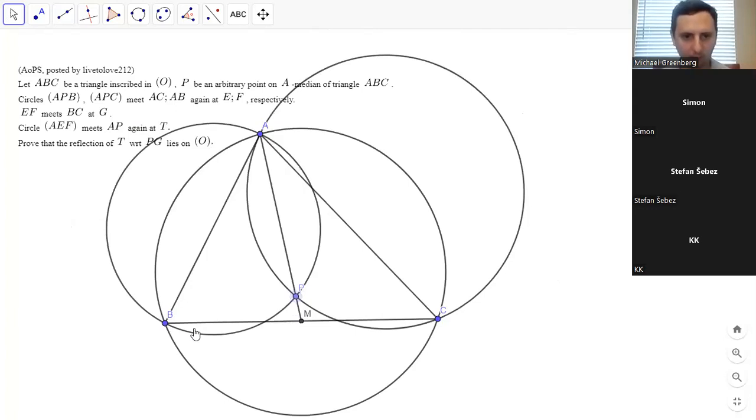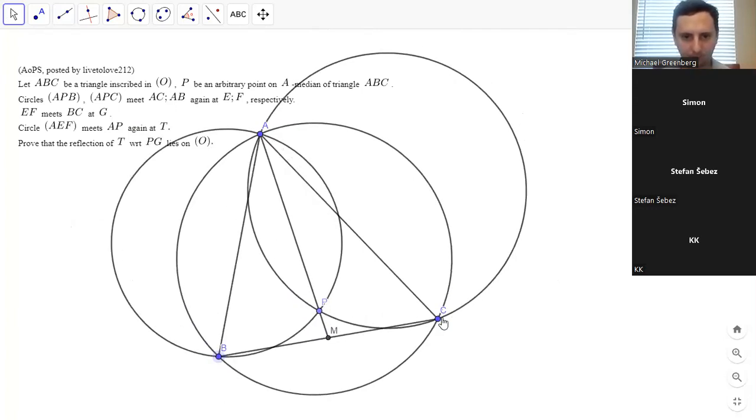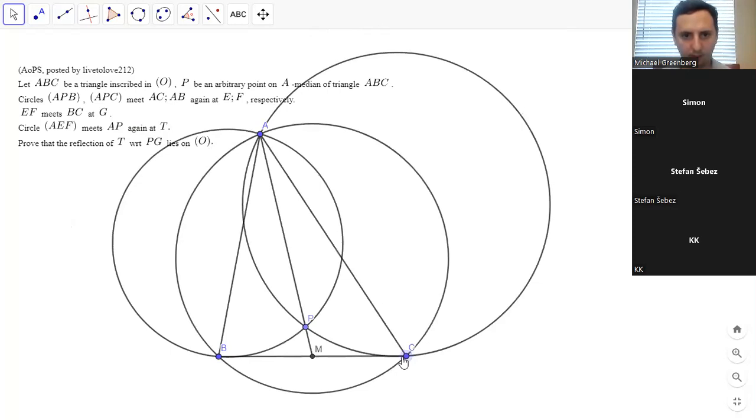So let's make this a tall triangle. And all right.